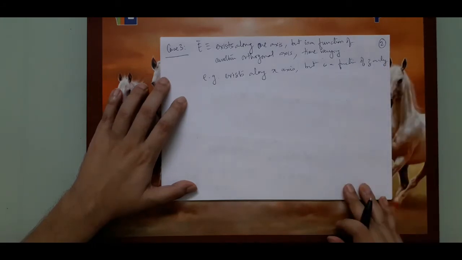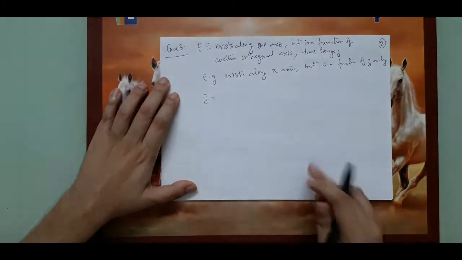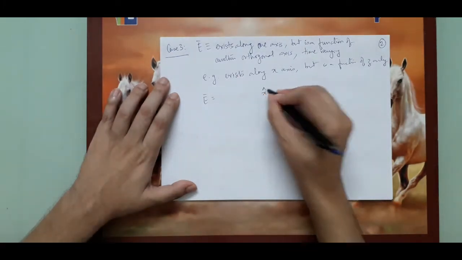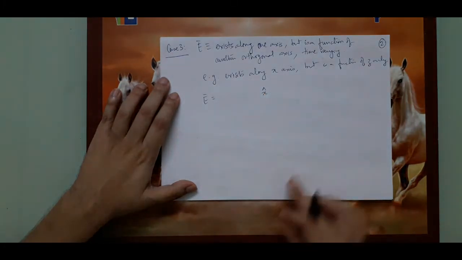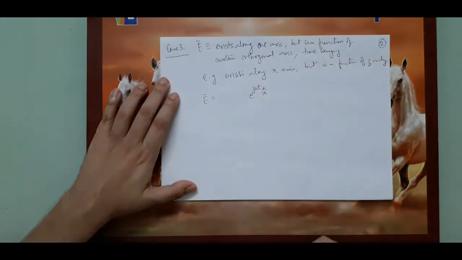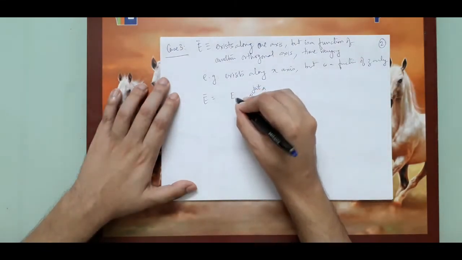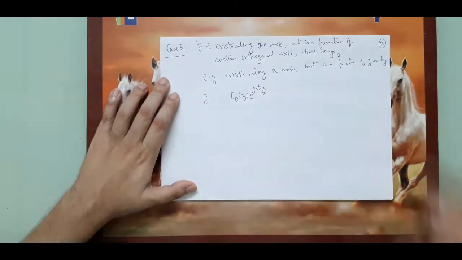It's very much possible. So the form of E would be something like this. Since it exists along x, I will put the x vector. It is time varying, so I will put e raised to j omega t, and the magnitude function is some E0 of z.